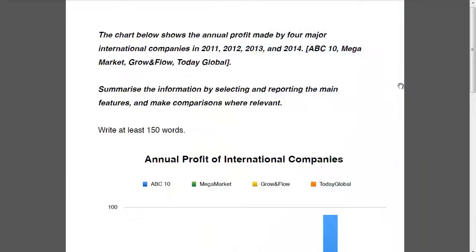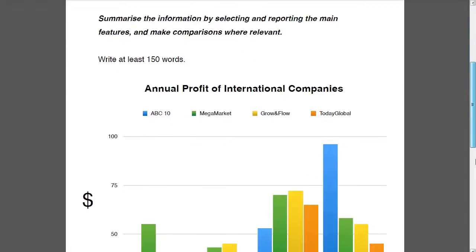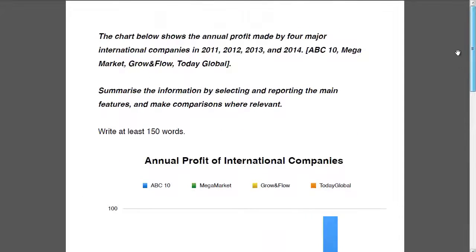For example, okay, so this is our task over here. So we read the first part of the question. We read, the chart below shows the annual profit made by 4 major international companies in 2011, 2012, 2013 and 2014.